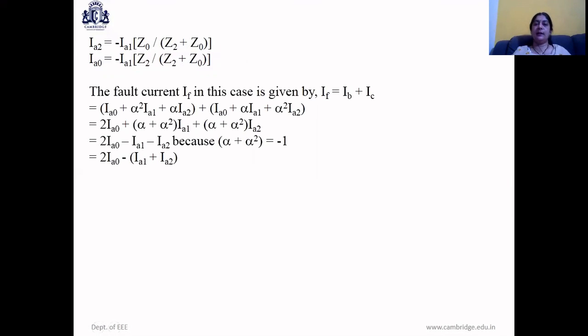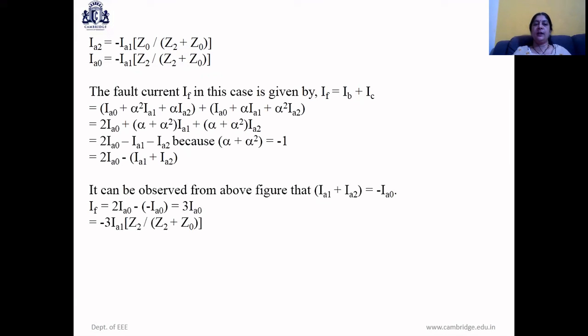The fault current IF, which is equal to the sum of IB and IC, substituting for IB and IC, is IA0 plus alpha square IA1 plus alpha IA2 plus IA0 plus alpha IA1 plus alpha square IA2. Substituting for the values of the symmetrical components of the currents, we get the fault current to be equal to 2 IA0 minus (IA1 plus IA2).